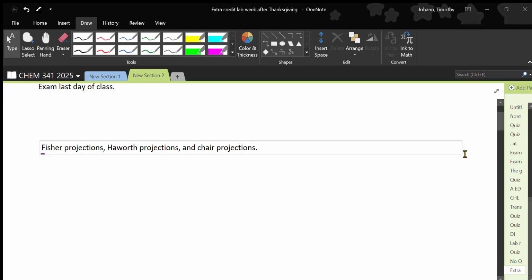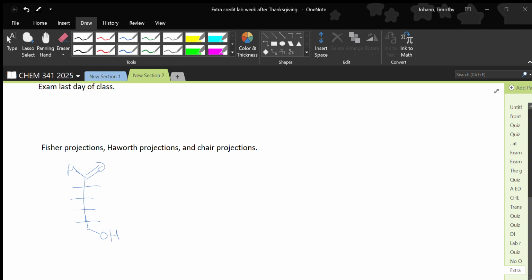Let's see if I can do glucose in the linear form. All of our 6-carbon sugars are going to look like this. And of course, for a carbohydrate, for a monosaccharide, you can have less than 6 carbons, right? We talk about glycerol.